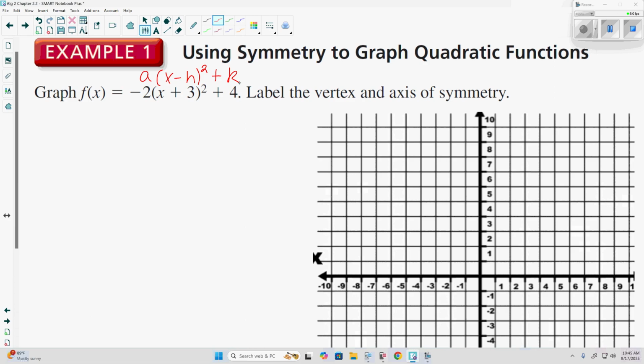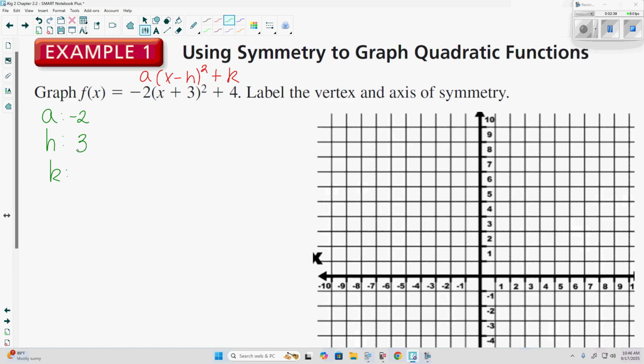So let's compare this to the general form. The general form in vertex form is a times x minus h squared plus k. So the three values that we have are a, h, and k. A for us here is -2.